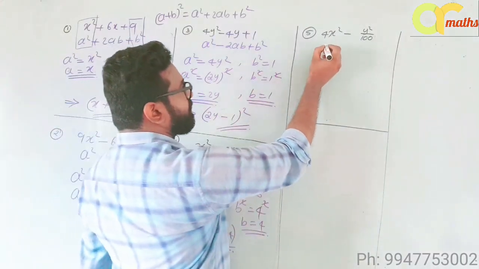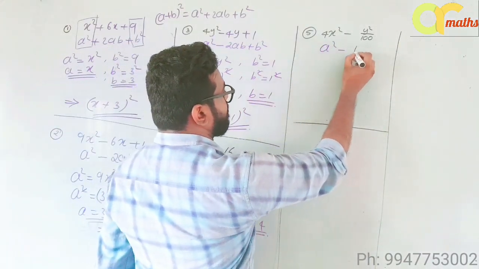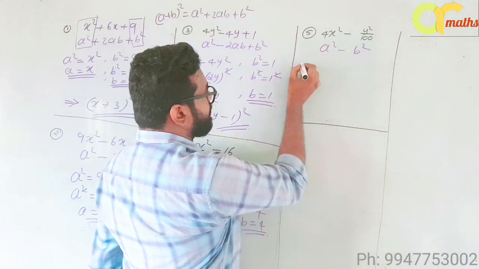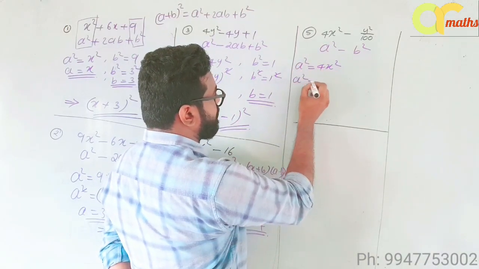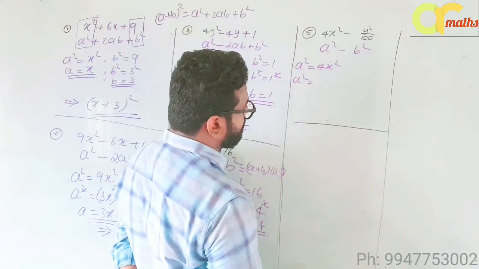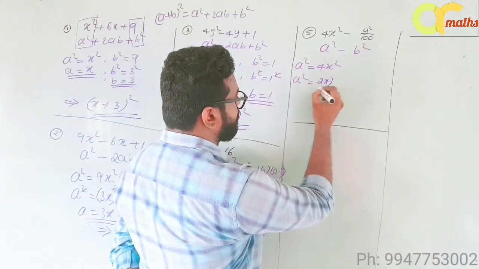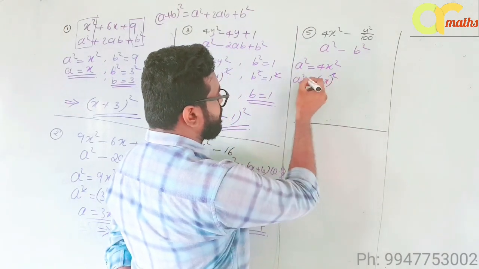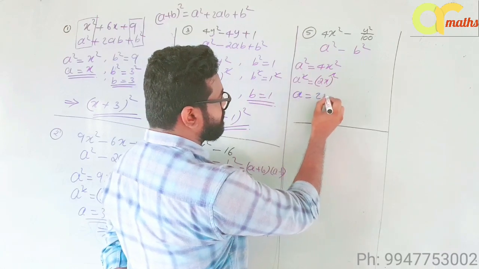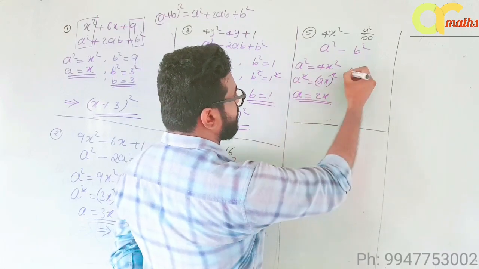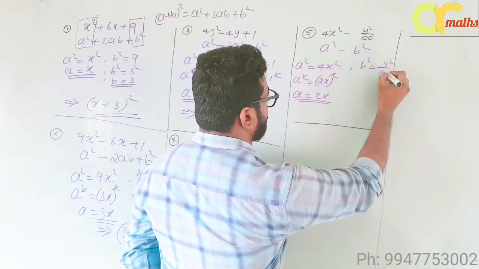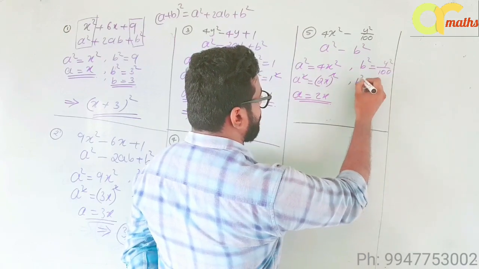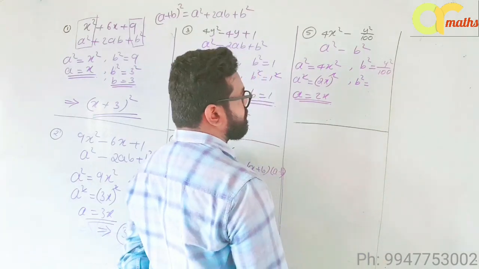Next here, which is also in the form of a square minus b square. What is a square here? 4x square. So a square equal to 4x square is square of (2x) whole square. Square, square cancel. A equal to 2x. Very simple. Here b square equal to y square divided by 100. So b square equal to y square divided by 100.